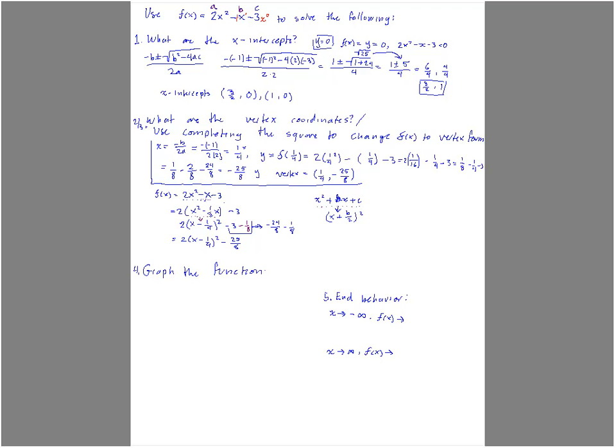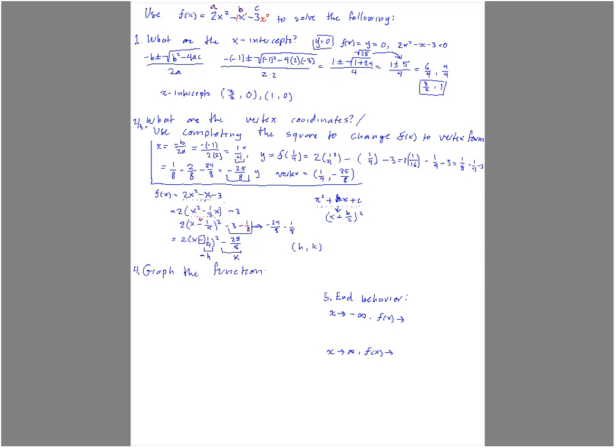And so what you'll notice is that this 1/4 is the same as what we got here, and then the negative 25 over 8 is the same as what we got above. The only difference is that the sign inside of the parentheses is flipped. And so what that tells you is that your vertex is (h, k), where this is h, and this is actually negative.